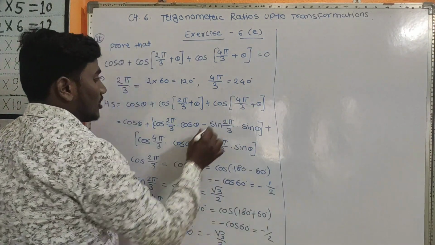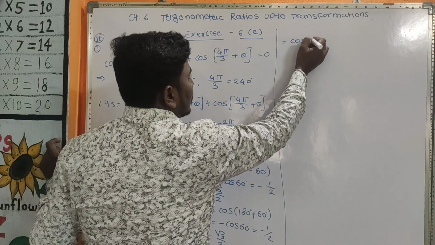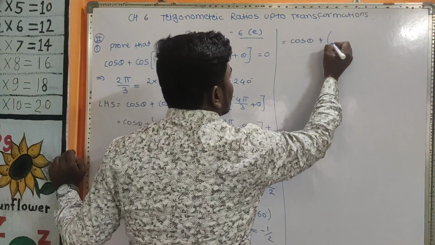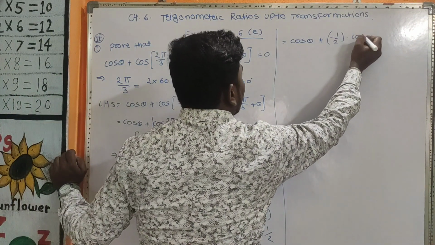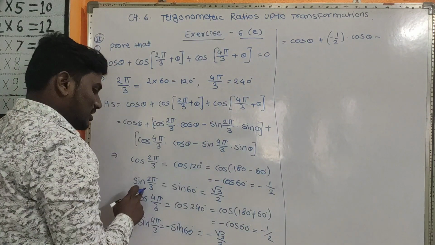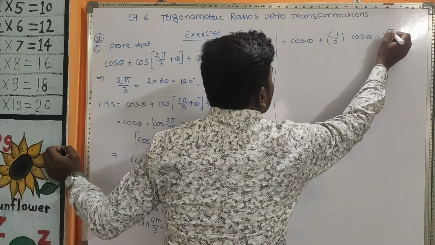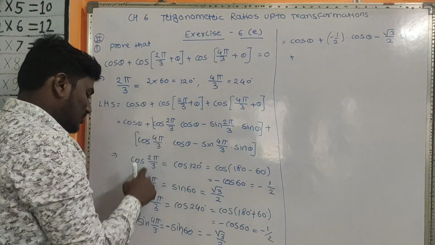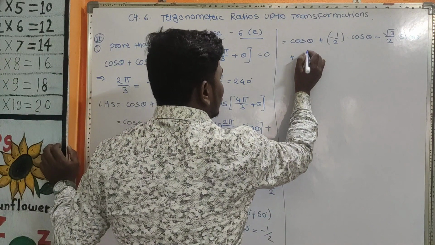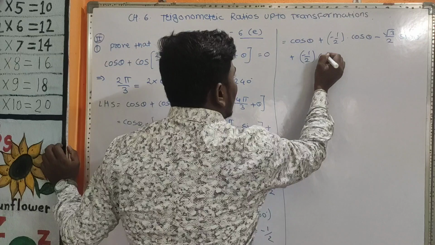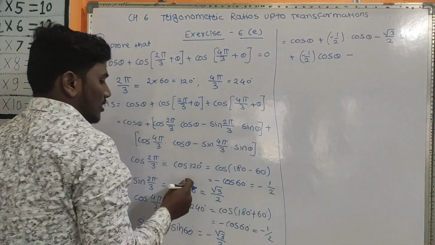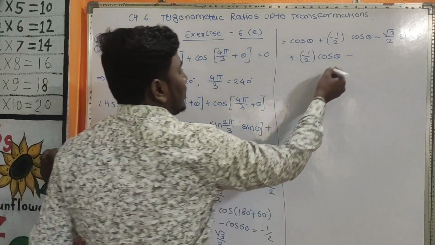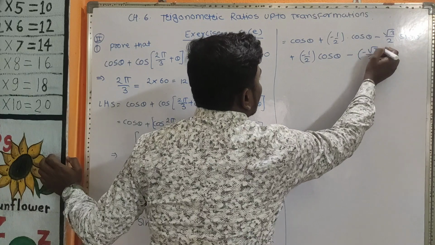What do we get? Cos theta plus cos 2 pi by 3, whose value is minus 1 by 2, so minus 1 by 2 cos theta, minus sin 2 pi by 3, which is root 3 by 2, root 3 by 2 sin theta, plus cos 4 pi by 3, minus 1 by 2 cos theta, minus sin 4 pi by 3, which is minus root 3 by 2 sin theta.